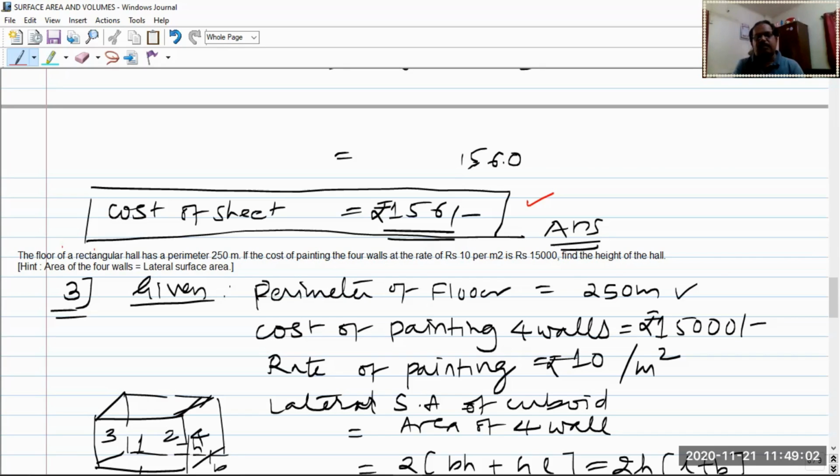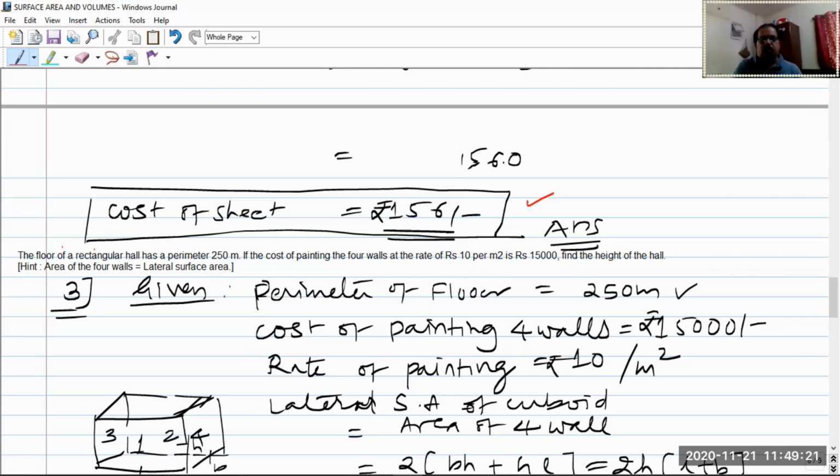As we have seen in the earlier part of this video, we know how to find the lateral surface area of a cube and cuboid. Here this hall will be in the form of a cuboid, right? So let's use the formula for lateral surface area of a cuboid.